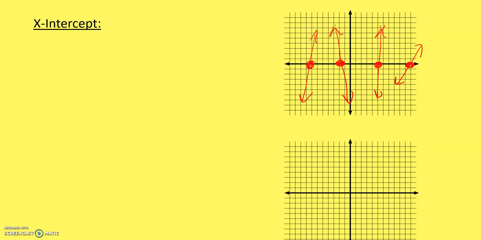Happening at every one of those points is that it is the point where the line crosses the x-axis. All of those points have the same y value in their ordered pair. The x-intercept is the point where the line crosses the x-axis. y equals 0.